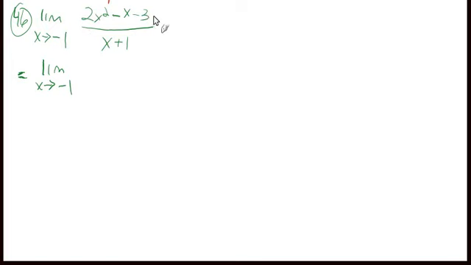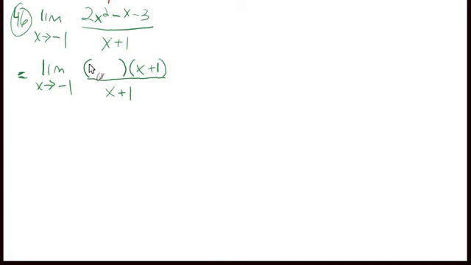It's kind of funny to do problems out of the book like this. They're all set up nice, and you can kind of guess what they want you to do and what they're trying to test you on. So since I know that I'm going to factor this, because it's a polynomial, and since I'm looking for a simpler function, by that I mean we're looking for something to cancel out, I can probably guess that since there's an x plus 1 in the denominator, there will be a factor of x plus 1 when I factor this.